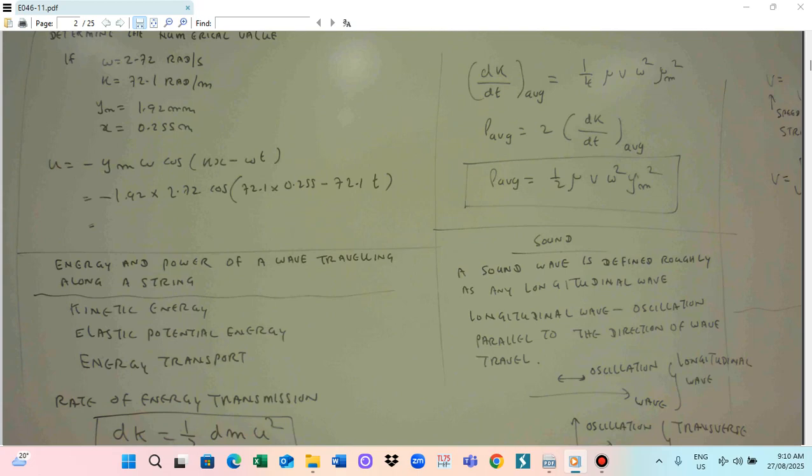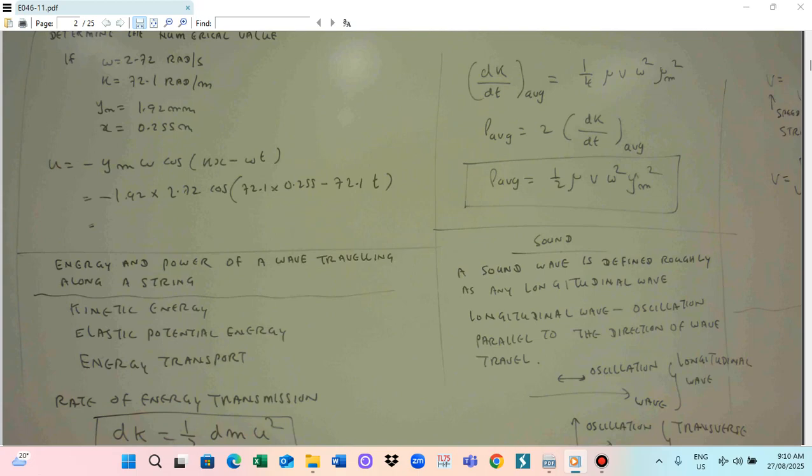So the average power in the string, the energy power in the string, can be calculated as half into mu v omega square y maximum square. Here mu is the linear mass density, v is the velocity, omega is the angular velocity, and y maximum is the maximum amplitude of the string.